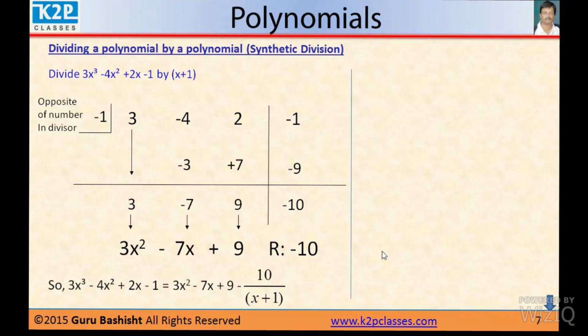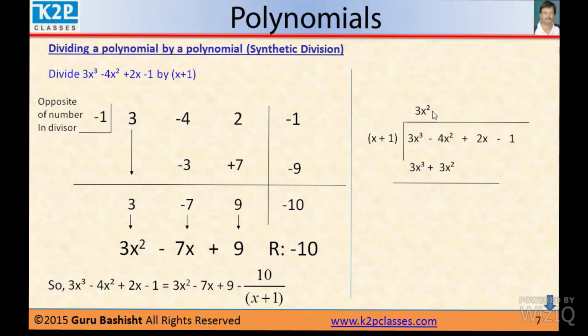Let us take another example. No, I am not taking another example. I am just dividing this by the long method. See what happens, and at the end we will see the two answers are the same. So multiply 3x square because we want 3x cube here. Then subtract: 3x cube plus 3x square. This will cancel.